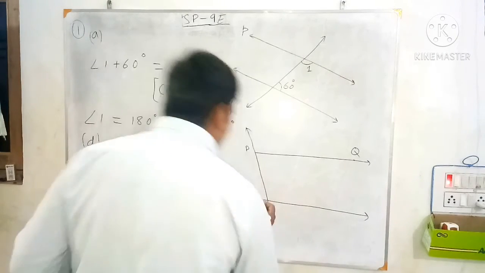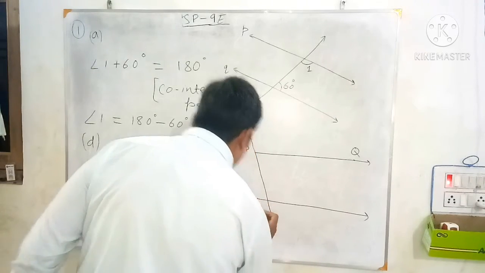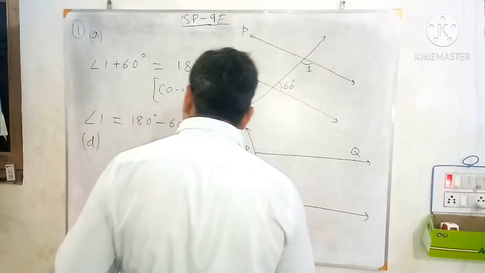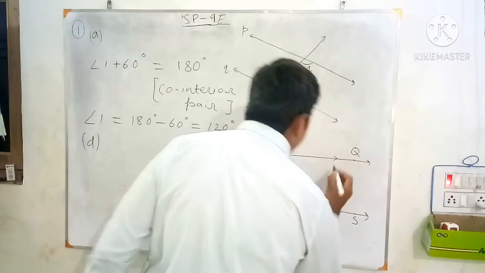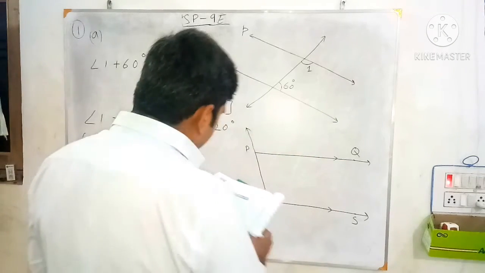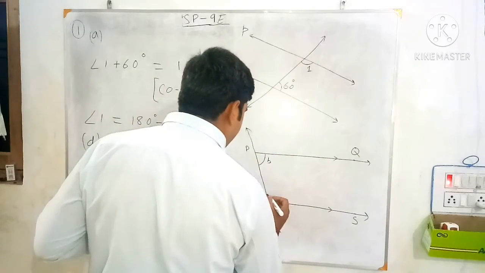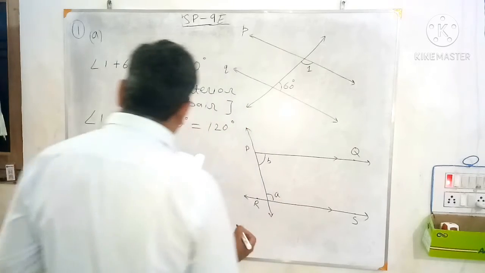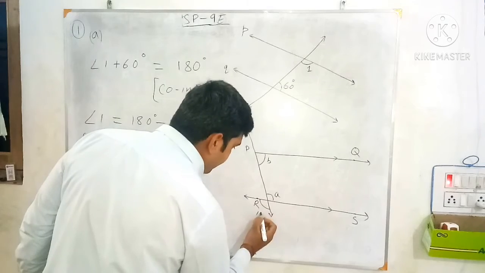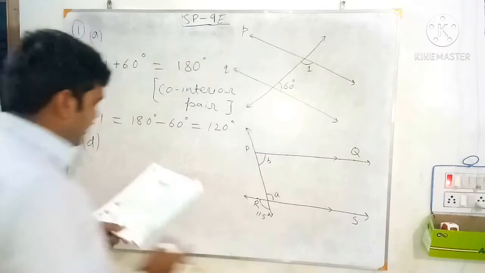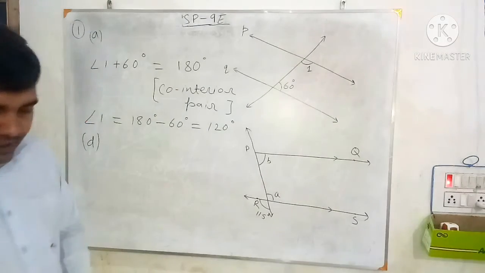And after that this is the R, and this is the S. So these two are the parallel lines. Okay, now this angle is B and this angle is A, and this angle is 115 degree. Okay, so PQ is parallel to RS.